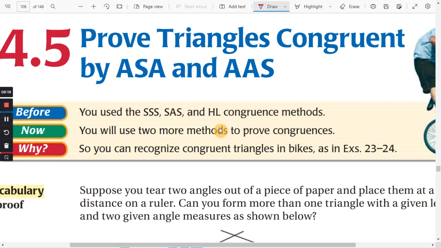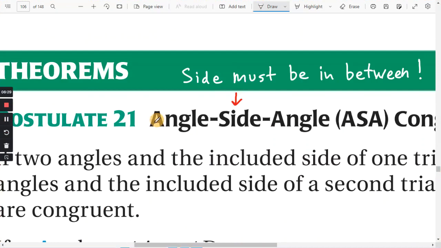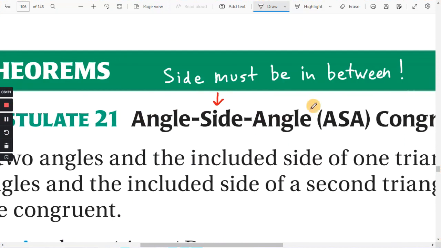All right, finally in this section here, we will be using ASA, which is angle, side, angle, and AAS, angle, angle, side. So for angle, side, angle, or ASA for short, the side must be in between the two congruent angles. It has to be in that order, angle, side, angle. So you'll see that on the diagram.